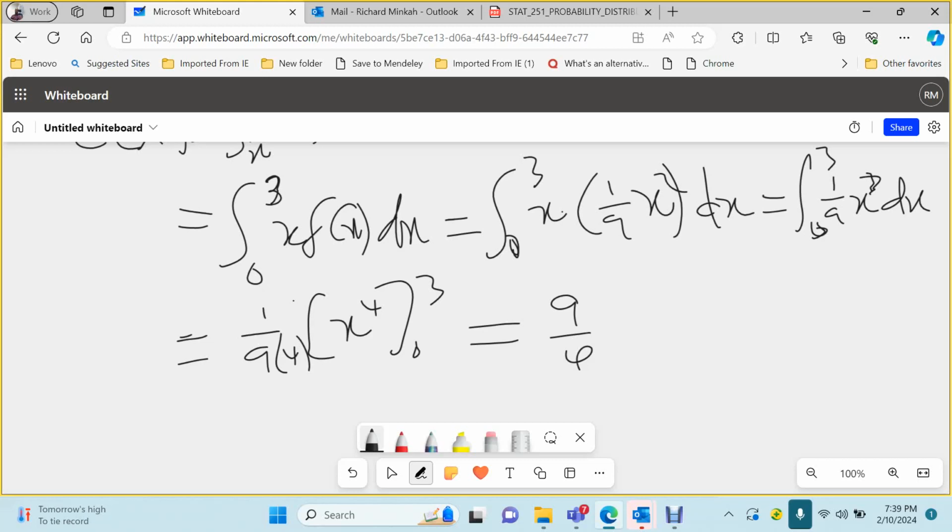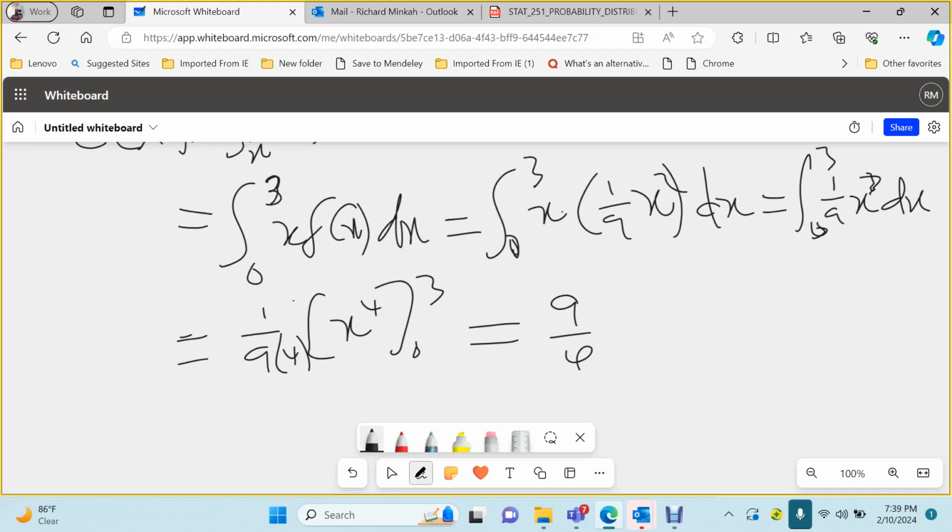Okay. Next, we talk about properties of the expectation. Now, so our properties, properties of expectation.